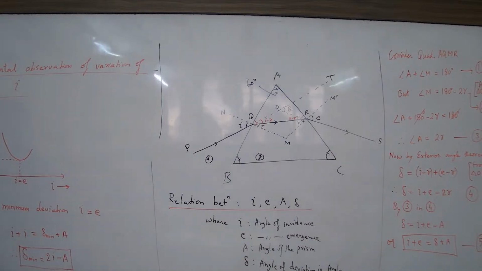At minimum deviation, the refracted ray QR is parallel to the base of the prism.